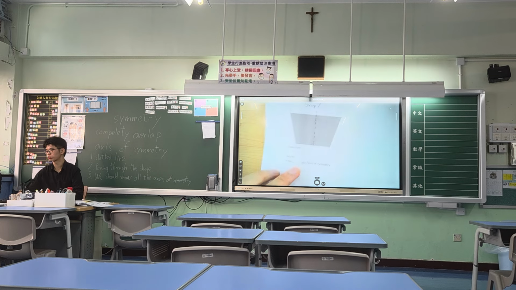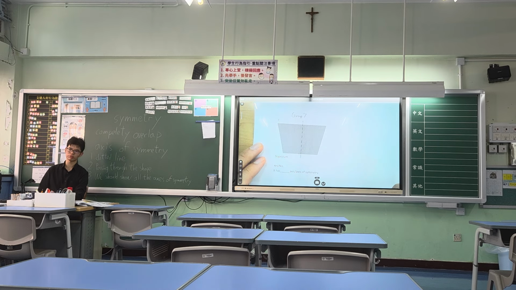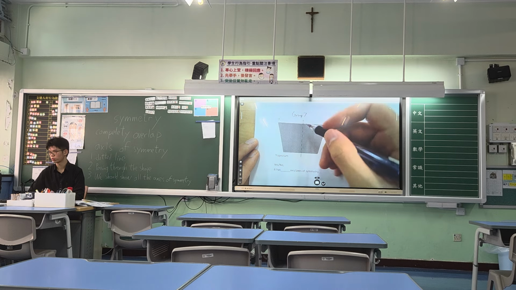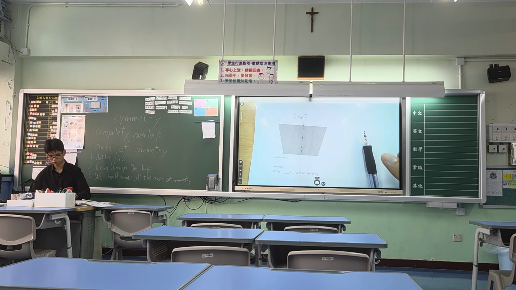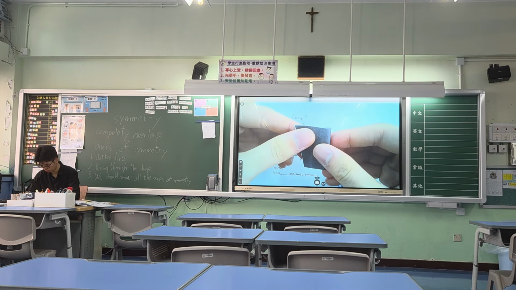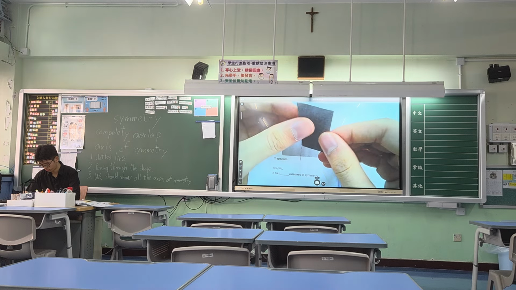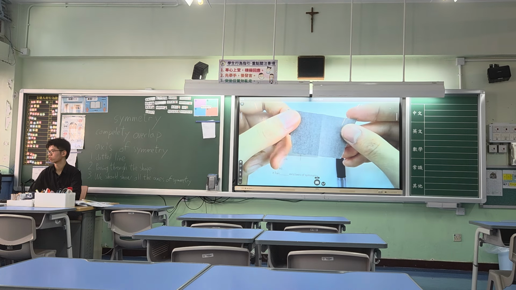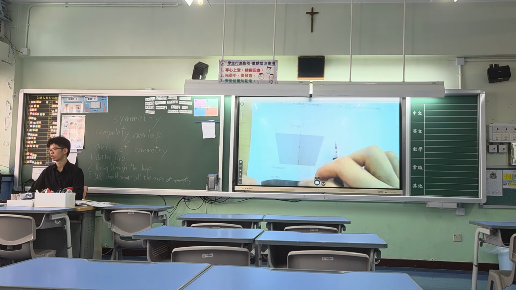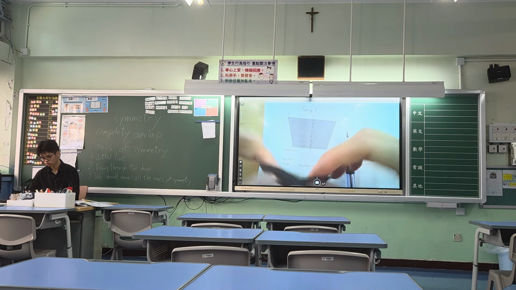Okay. Last group 7. Okay, trapezium. Group 7 thinks that actually there should be one axis of symmetry on it. It should look like this. Okay, let me try. Oops, completely overlap. Yeah. The crease you can observe. They're the same. Okay. Great.